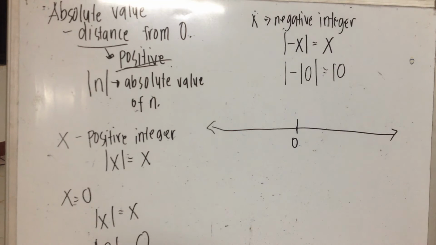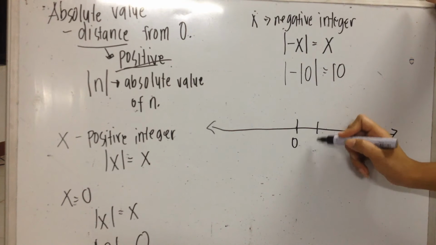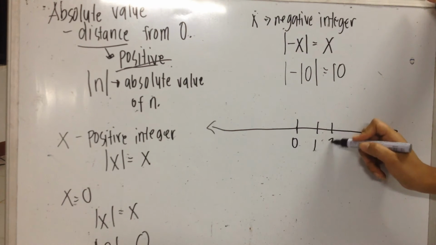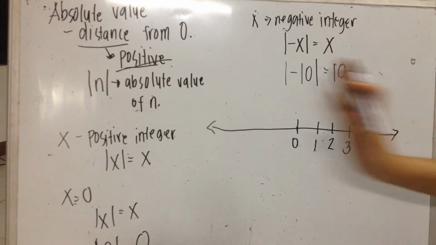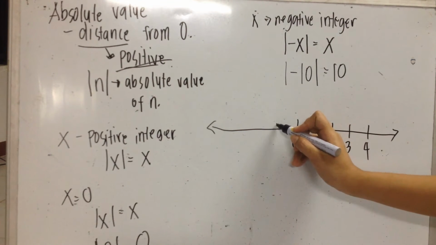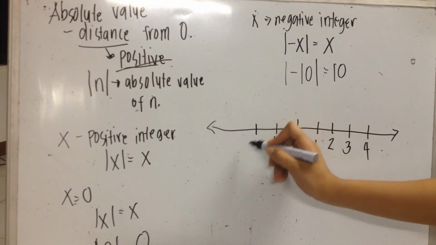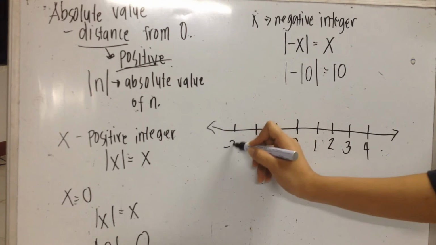So, saan natin makikita ang positive numbers? Is it from the right of 0 or from the left of 0? It is from the right of 0. So, dito nakalagay yung 1, 2, 3, 4. And sa left ng 0 ay ang ating mga negative numbers. Negative 1, negative 2, negative 3.